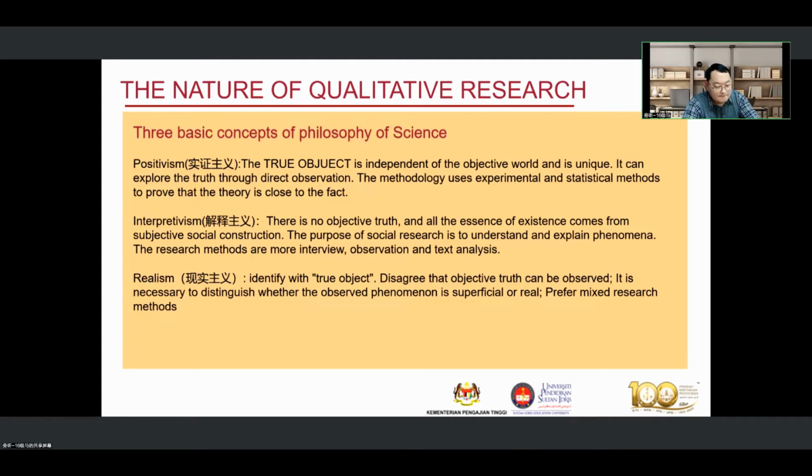understand a problem. For example, if you want to study what is unique about the taste of white coffee in Malaysia, we can choose a professional coffee tasting, test different coffee, and summarize the characteristics of Malaysia's white coffee.